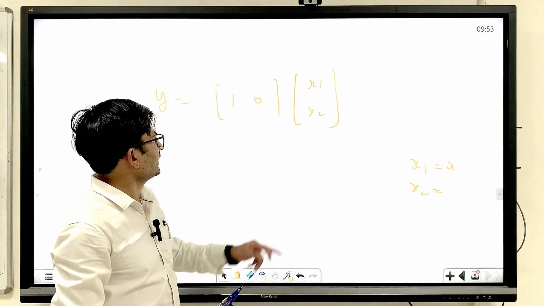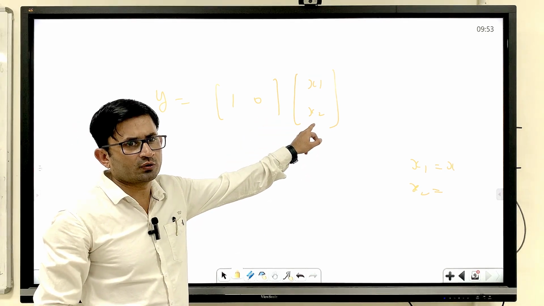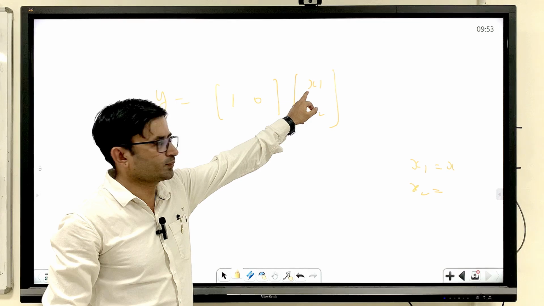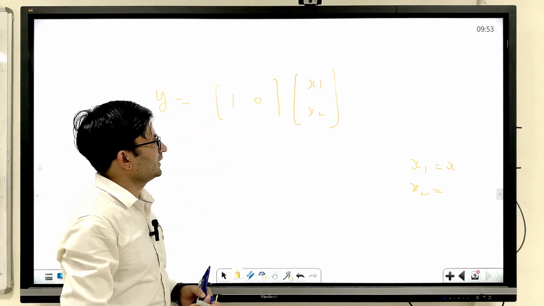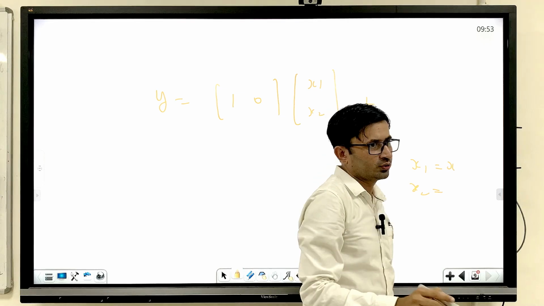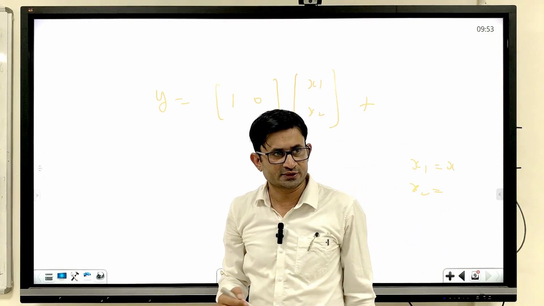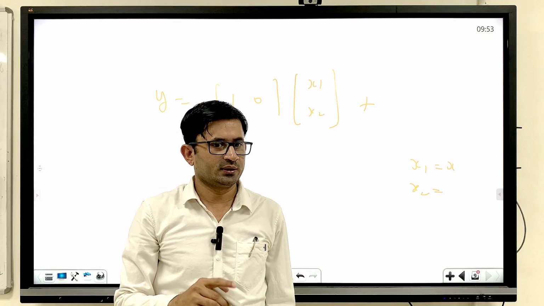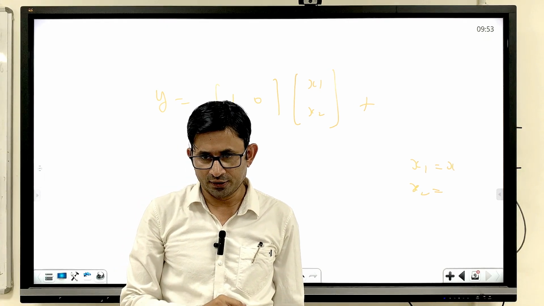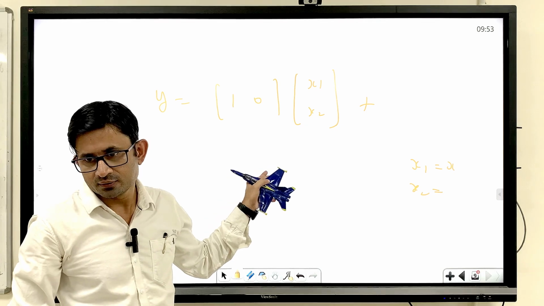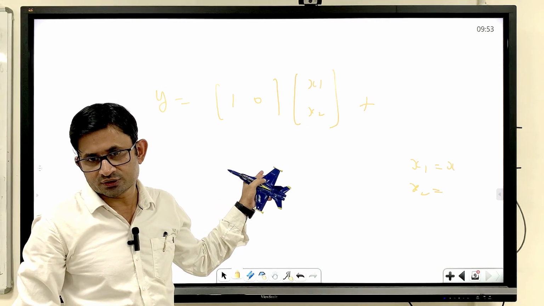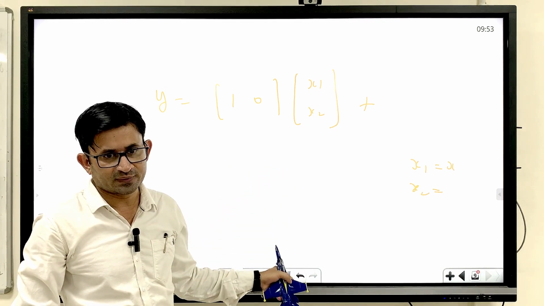That is why I will assign 0 here, because I do not want to control velocity. I want to control position only. So y equal to x1, and here I will put D matrix 0. Let's say in this case the output is not affected by the input. So directly you can write y equal to Cx plus Du for this spring mass system.